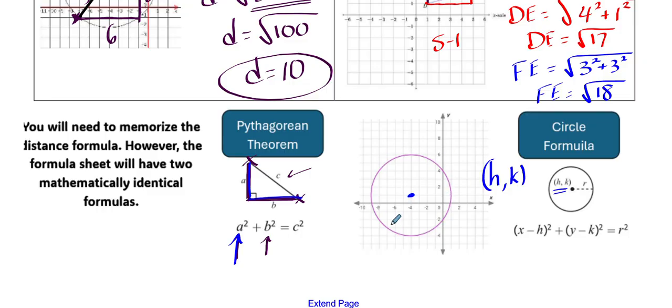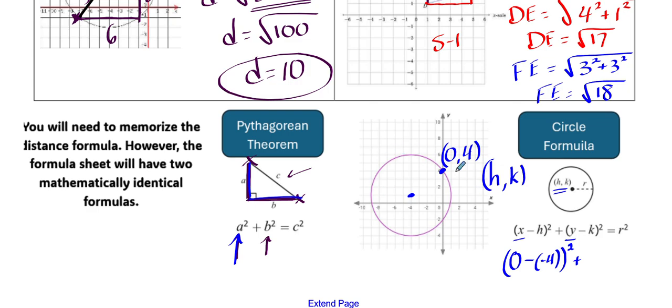Any point on this circle can be represented as the x and the y in this equation. So when I say x minus h, I'm saying the x value of some point on this circle. So here, that would be 0, 4. So that would be the point 0 minus the x coordinate at the center, which would be -4, squared, plus the y coordinate at any point.